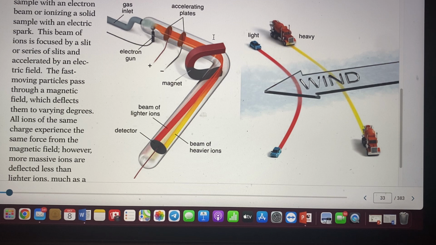The fast-moving particles pass through the magnetic field, which deflects them to varying degrees. All ions of the same charge experience the same force from the magnetic field. Instead of wind, we have this magnetic field pushing them, right? It's not really wind pushing them through, it's the magnet. See how here's the magnet, and the magnet deflects the lighter ions more than the others.